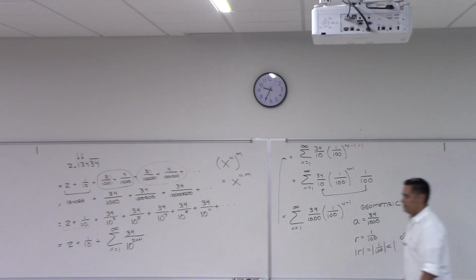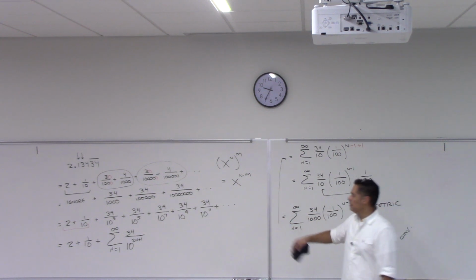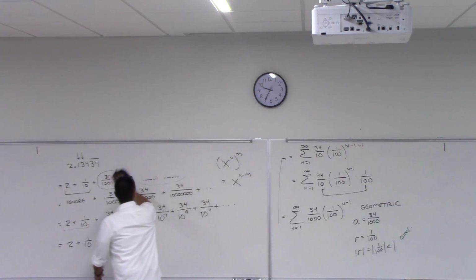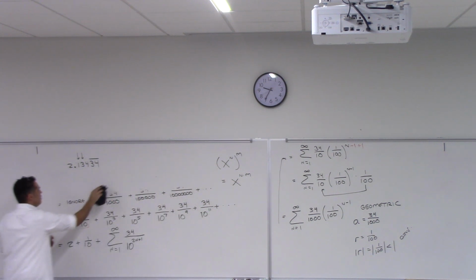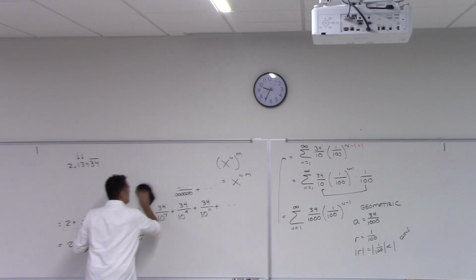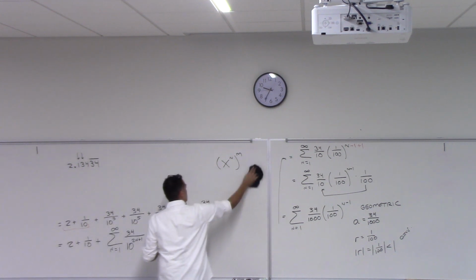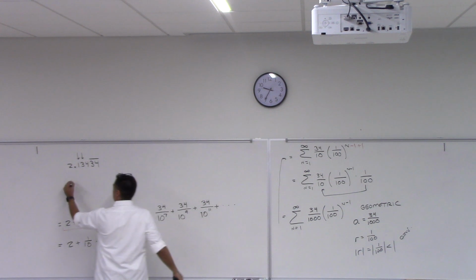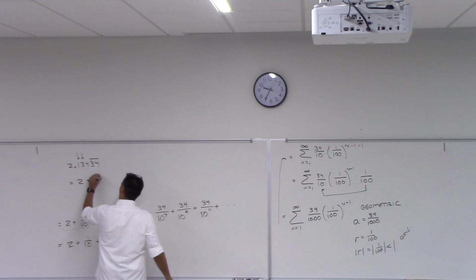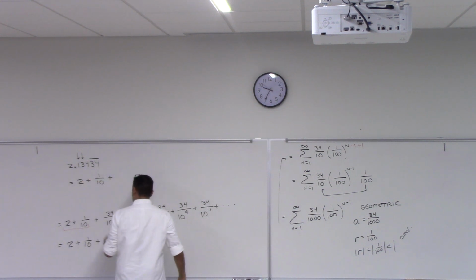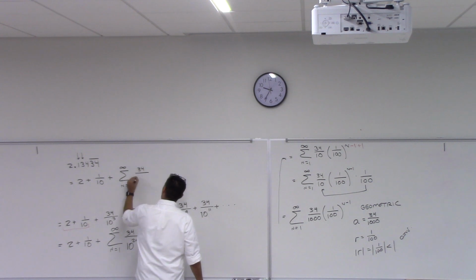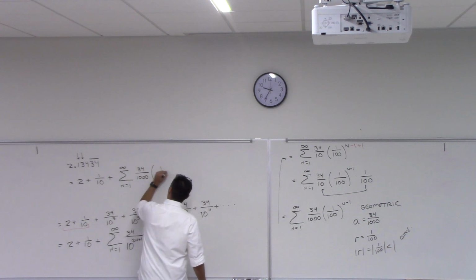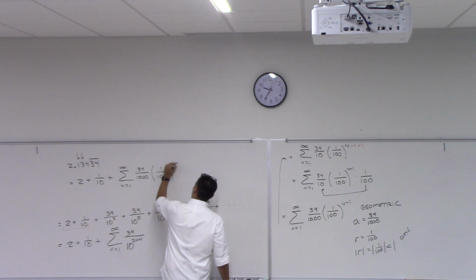Okay. Ready to go back here now? So that decimal right there can be rewritten as, don't forget the part we ignored: 2 plus 1 over 10 plus, now we converted that to the sum from n equals 1 to infinity of 34 over 1,000 times 1 over 100 to the n minus 1.